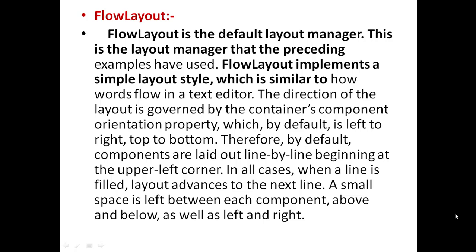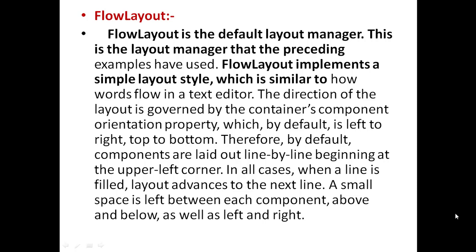The direction of the layout is governed by the container's component orientation property, which by default is left to right, top to bottom. Therefore, by default, components are laid out line by line, beginning at the upper left corner.